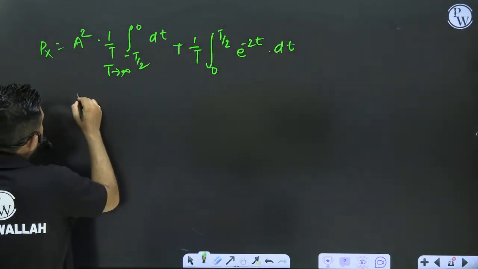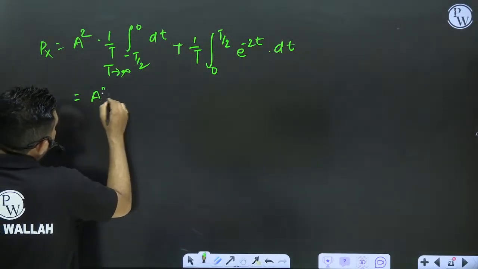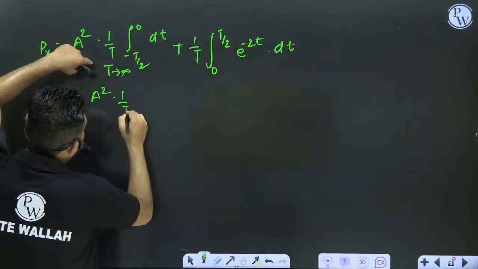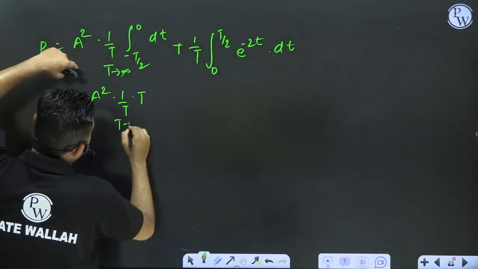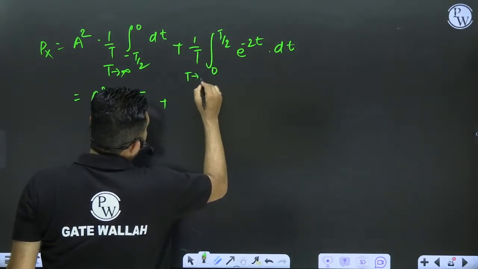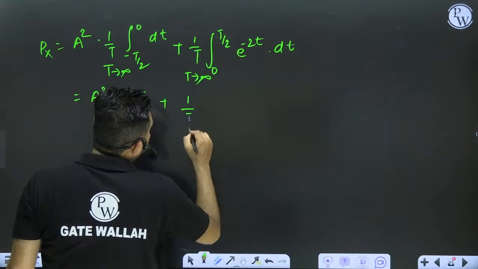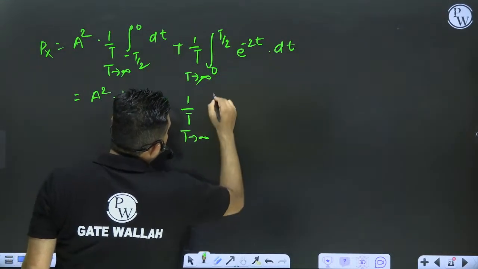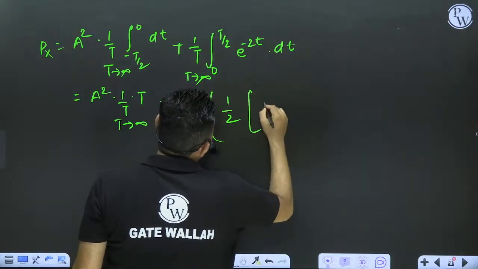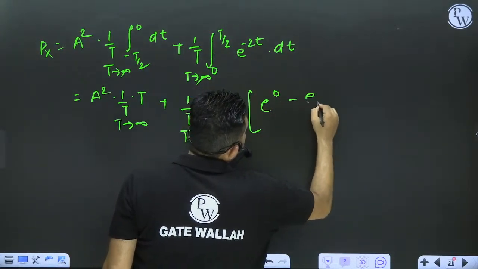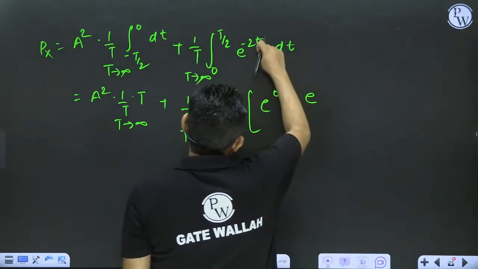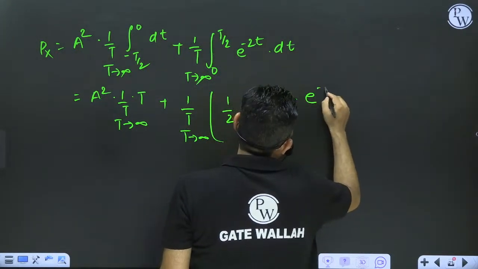This is straight away A squared, because it is 1 by T into T with T tending towards infinity. Let's solve this one, T tending towards infinity here also. Plus 1 by T, with T tending towards infinity, is 1 by 2, e to the power 0 minus e to the power minus T by 2.